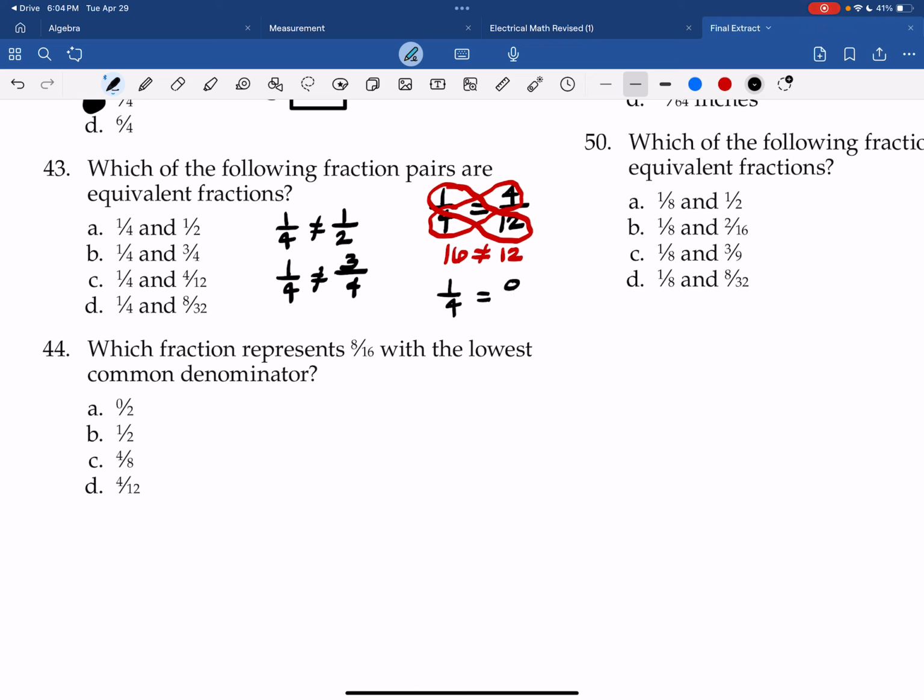This is it. You could reduce 8/32 down to a fourth, or you can do the cross product rule, where you get 32 is equal to the other cross product, 32. So that tells me that the two fractions are equal. So this is D as in delta.